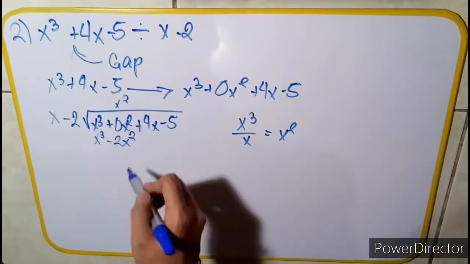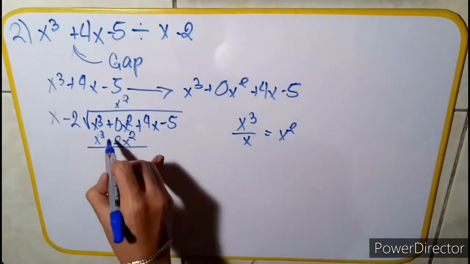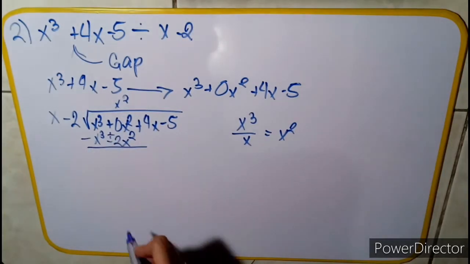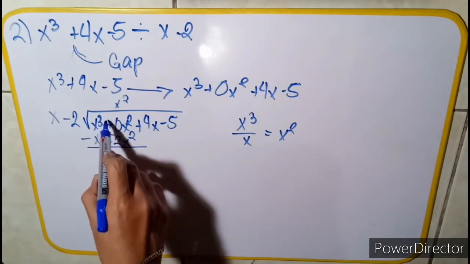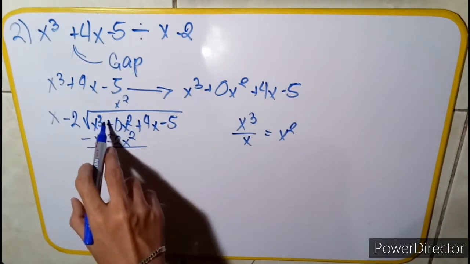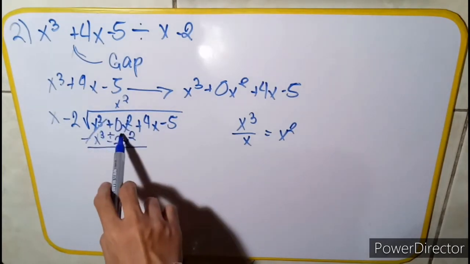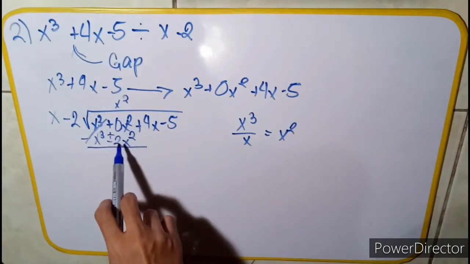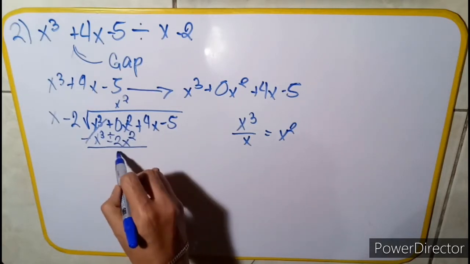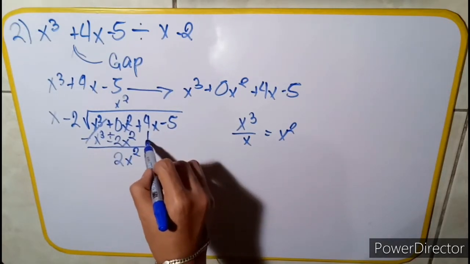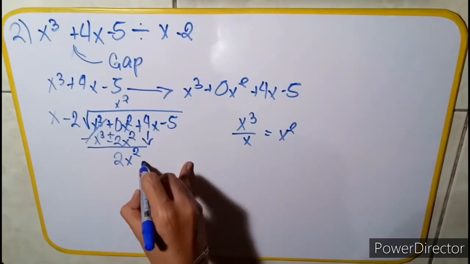Then change the sign and subtract. Positive x cubed minus x cubed will be cancelled out. Then, positive 0x squared minus positive 2x squared will be 2x squared. Then, just bring down the next term is the 4x. Then repeat the process.